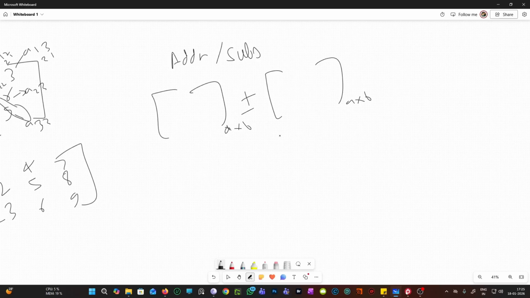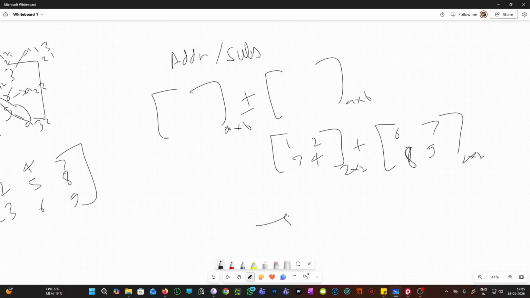So let's say we have a matrix 1, 2, 3, 4. Now let's add this to 6, 7, 8, and 9. You can see this is a 2 cross 2 matrix, and this is also a 2 cross 2 matrix. So for addition, we basically add the corresponding elements, right? And even for subtraction, we do the same thing.